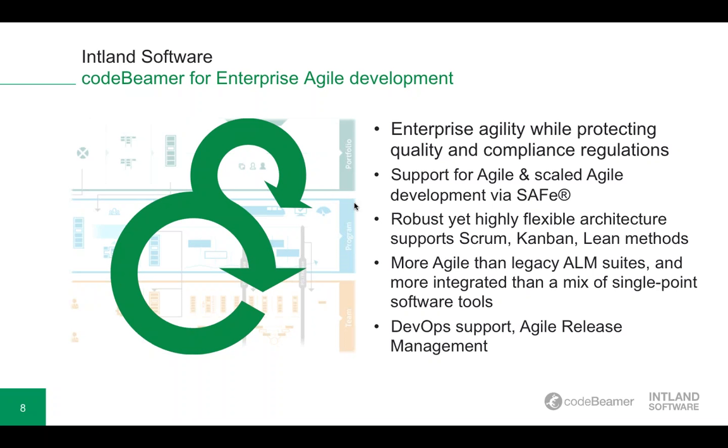So, for example, you can use a V model, the waterfall, even Agile, Scrum, or lean methods to achieve a very high efficiency by doing the things right. And we are even more agile than legacy ALM suites, and even more integrated than a mix of single point software solutions. And on the other hand, we support DevOps, and you can manage agile releases as well.